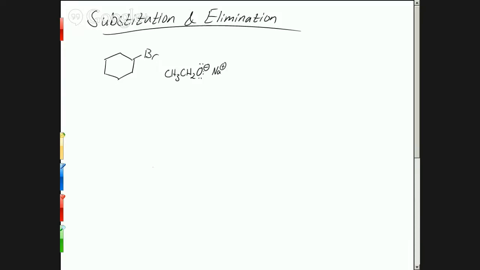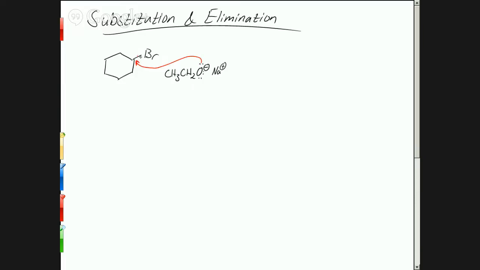Right? Something that is highly negatively charged and really strongly attracts positively charged stuff. There are two reactions that can happen when these two are mixed. The first one looks like this. This highly negatively charged ethoxide sees this carbon over here, which is somewhat polar. This carbon-bromine bond is going to be somewhat polar, meaning this carbon is partially positive, this bromine is partially negative. So this is nucleophilic, goes to the partially positive electrophilic carbon.